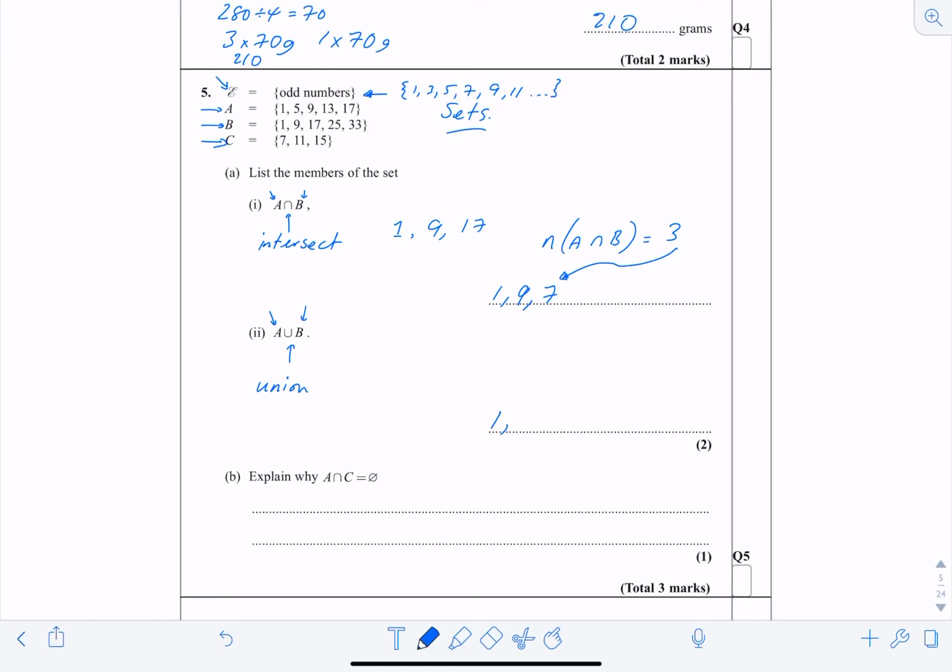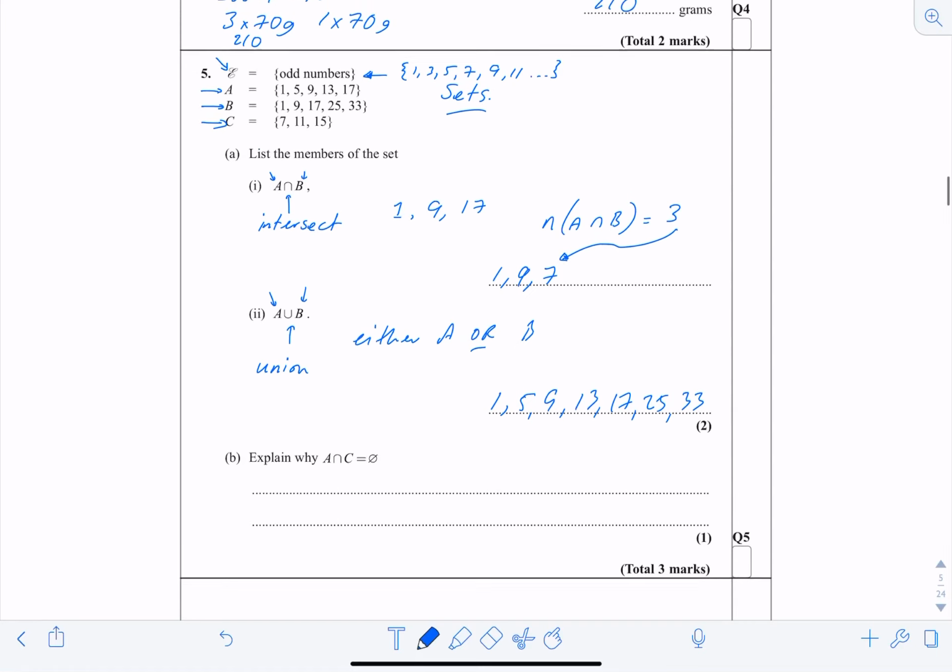So 1, 5, 9, 13, 17, 25, 33. Okay, so it's everything in either A or B.